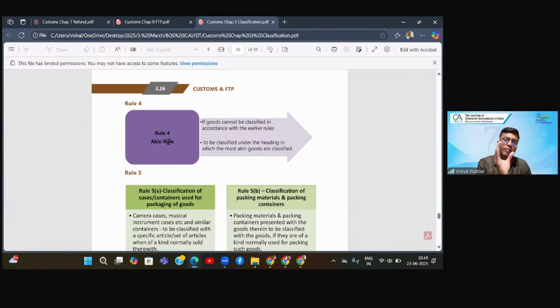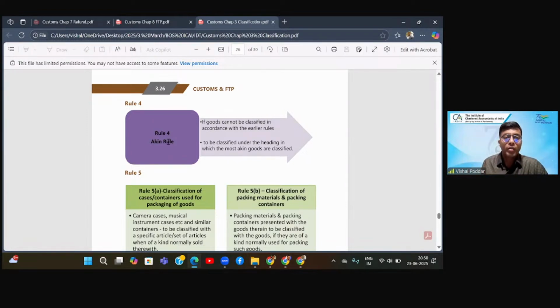So I may not have the exact description of that product in this classification. For example, smartwatches: when they were not there, there was no concept of smartwatch or that particular name in the entire 98 chapters. Now you have a special entry for smartwatch, but when they were initially introduced, there was no classification heading for that. So we were applying rule 4 and trying to classify it in the goods which are similar to a smartwatch.